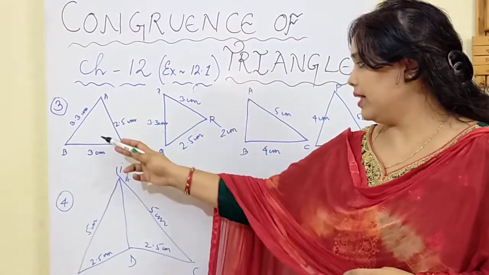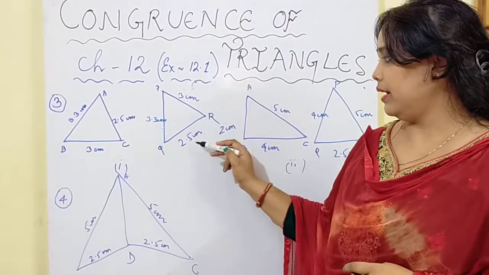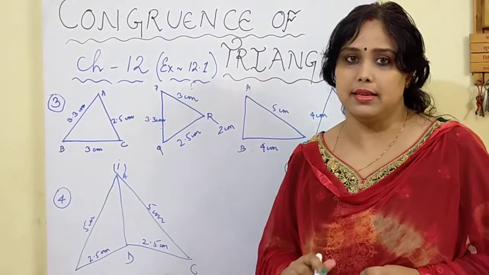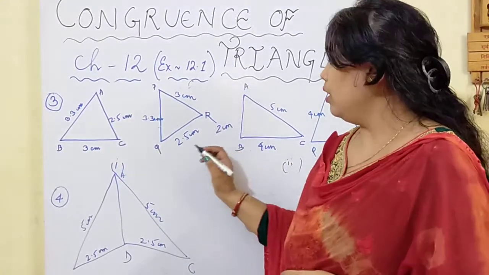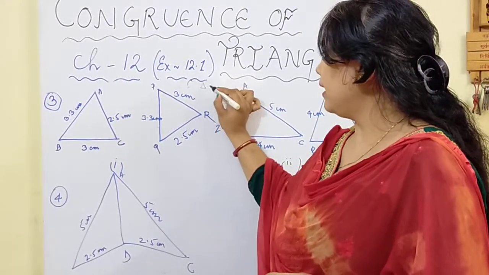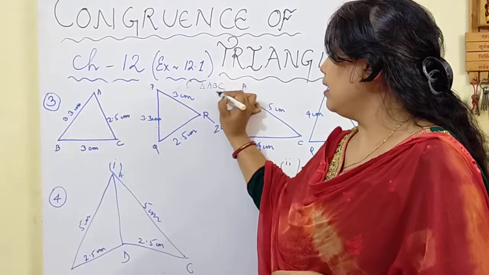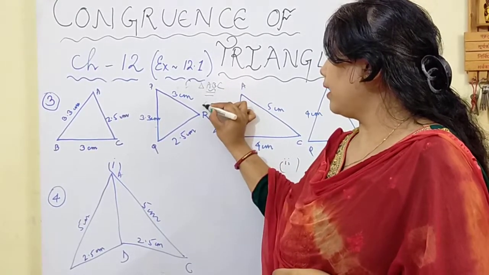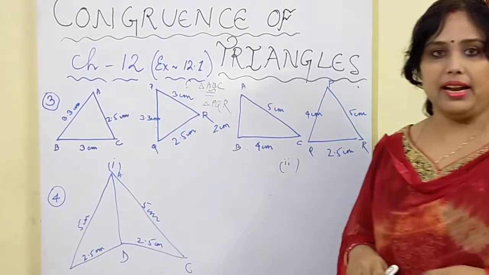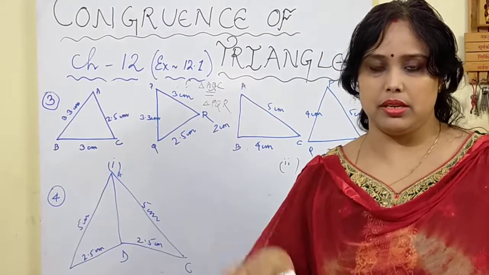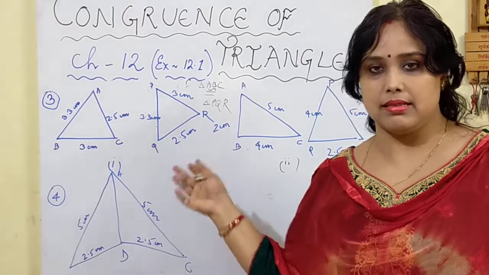So very well you can see that 3.3, 3, 2.5, all the sides are similar. So therefore triangle ABC is congruent to triangle PQR. We write like this. I have sent in the assignment the way you will write the answer.